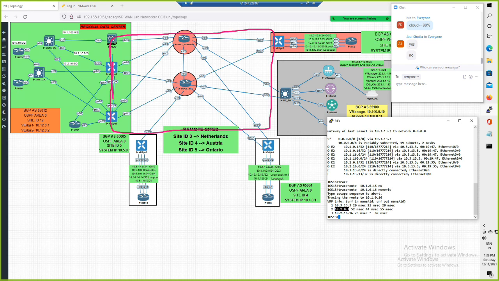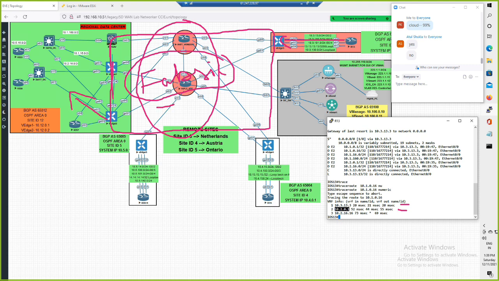But to explain the meaning of fabric, try to understand it. This is my SD-WAN fabric, right? SD-WAN fabric means anything I am sending into this will exit out and I will not be able to see what is in between. So I will not be able to see any IPs, any ISPs, anything, right?